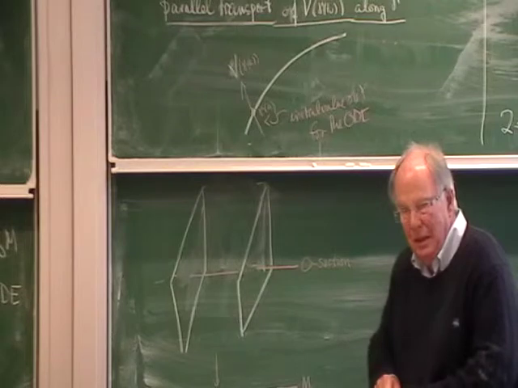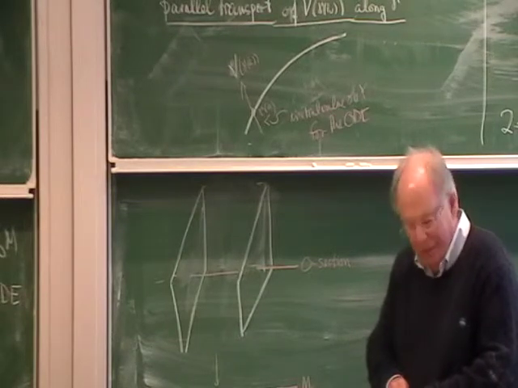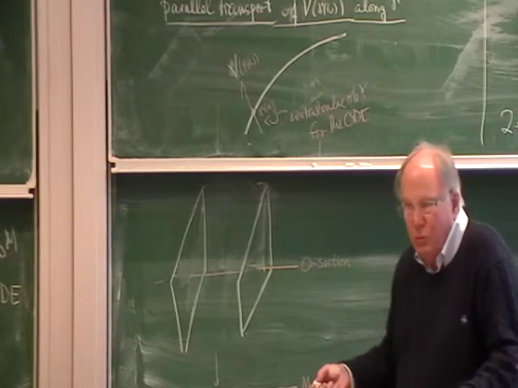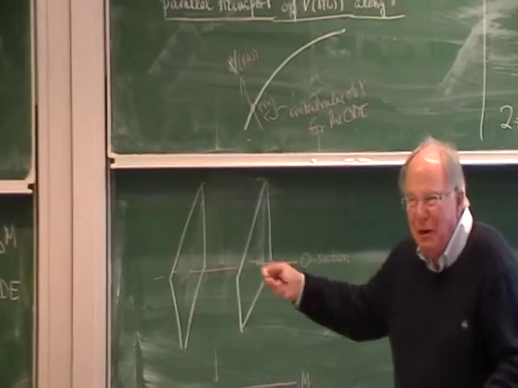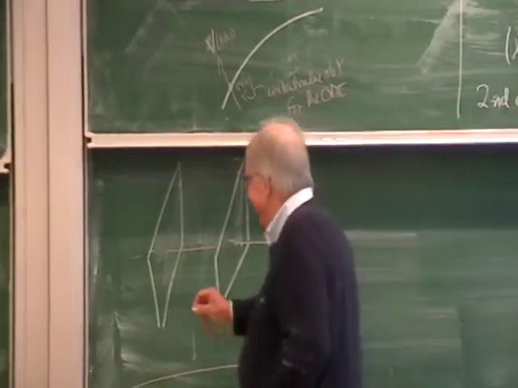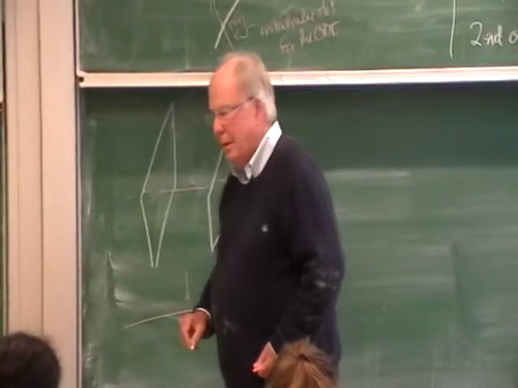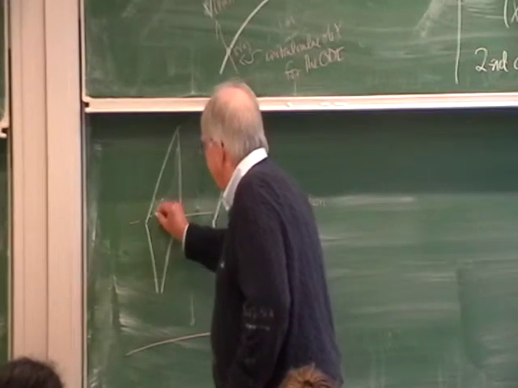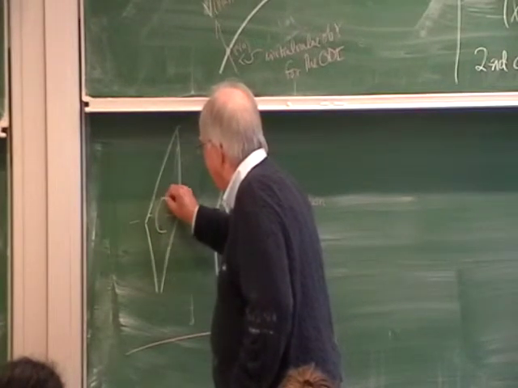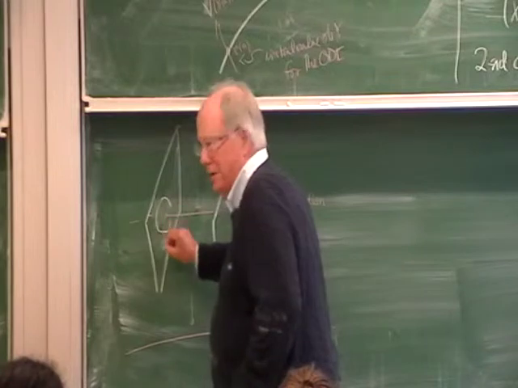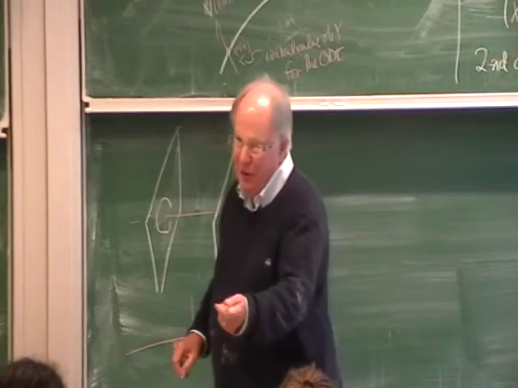Now, I told you, I'm trying to push the importance of the tangent bundle. And the tangent bundle, well, let's say I don't have any canonical structure, but I will find some canonical structure here.